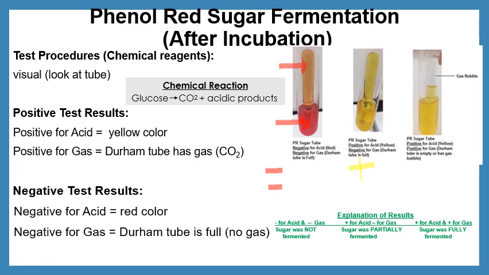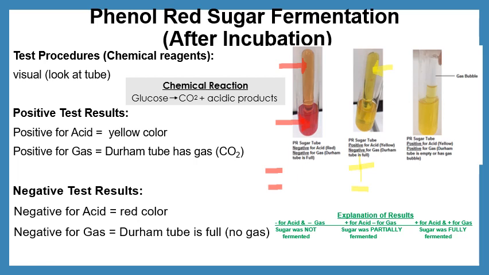So I see yellow, so positive for acid. However, the second part is gas production, and that Durham tube appears to be full, so that would be negative for gas. So that's a second combination possibility: positive for acid because of the yellow, negative for gas because that Durham tube is full.